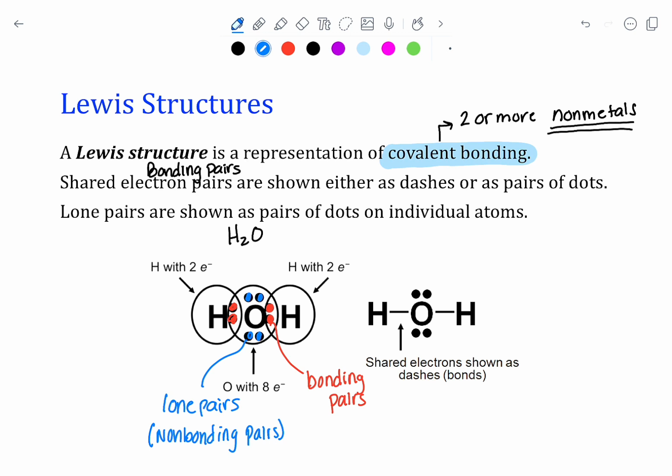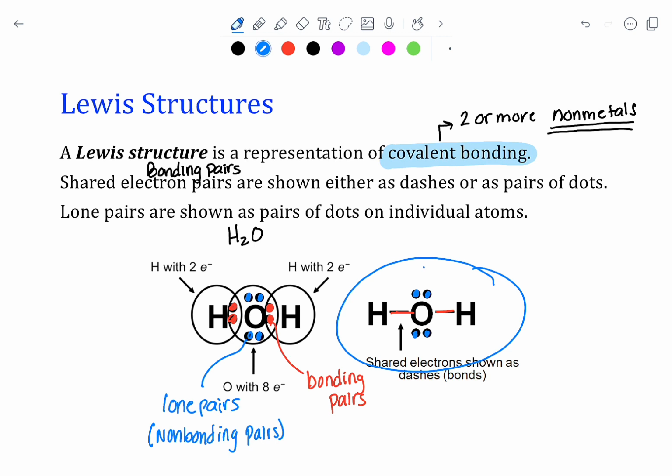So we show our shared electrons, our bonding pairs, as either dots or dashes. Here are those dashes, let me represent them in red. Those are our bonds, and our lone pairs are just pairs of electrons on our central atom. We want to designate the difference between bonding and non-bonding pairs, which is why we typically show structures more in this fashion, where we show the bonds as dashes and the lone pairs as dots.